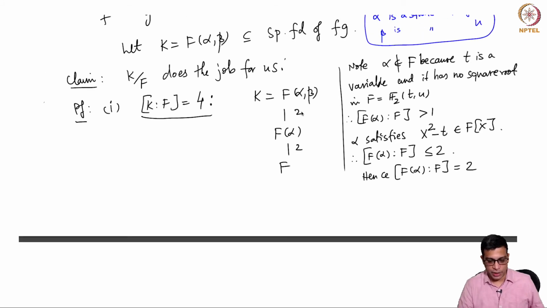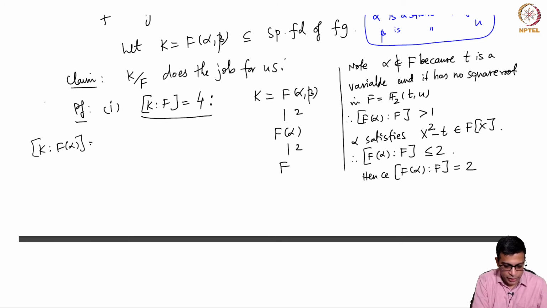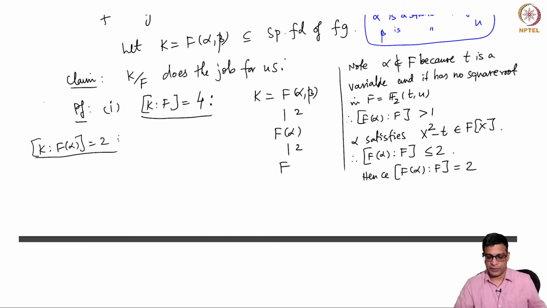So the second part is to argue that [K : F(alpha)]. I'm sorry, I'm writing it all over the place, but I want to keep everything in front of you.